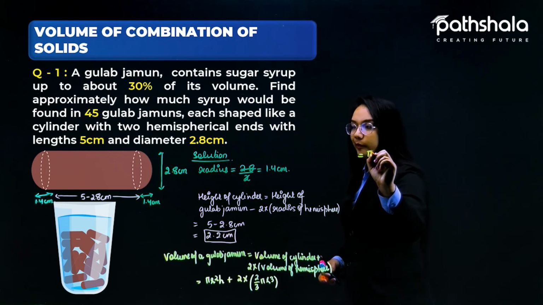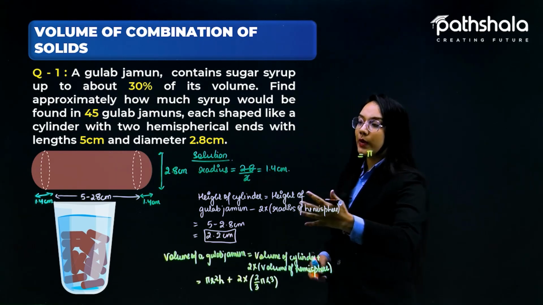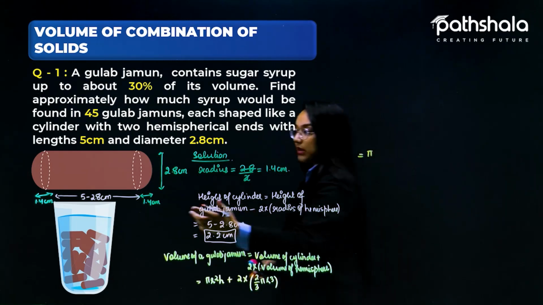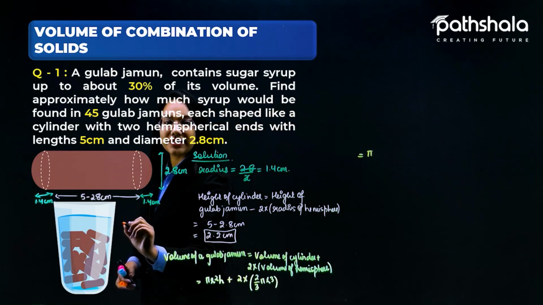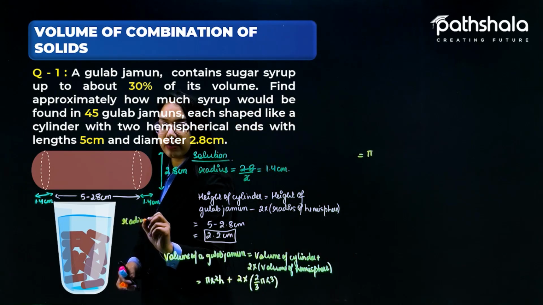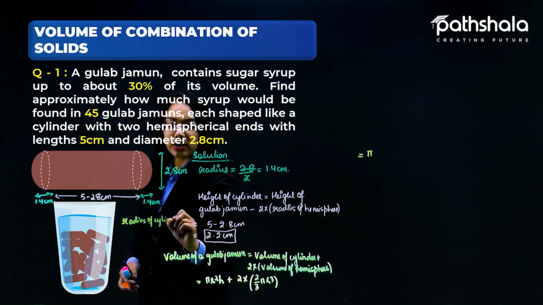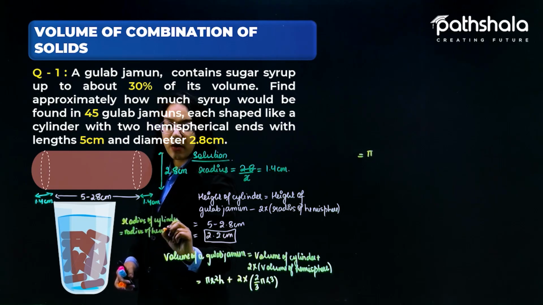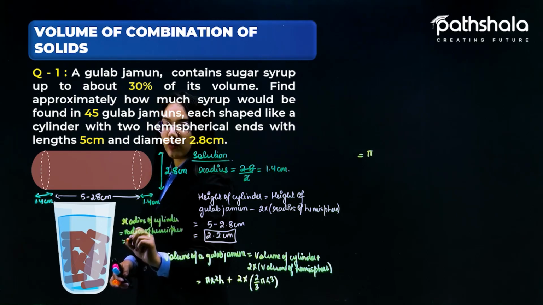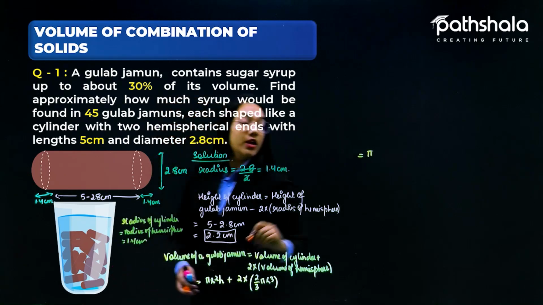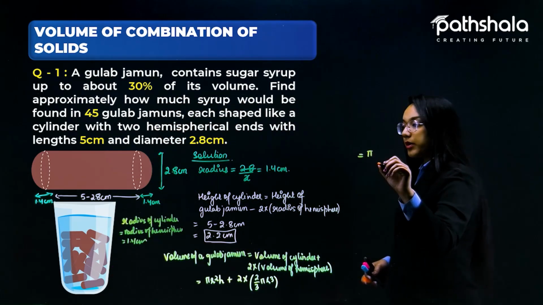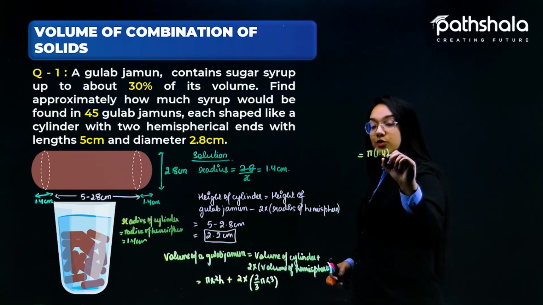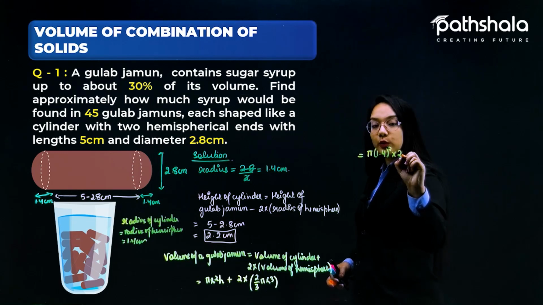We know that the radius for both the cylinder and the hemisphere is the same, so the radius of the cylinder is the same as that of the hemisphere, which is 1.4 centimeter. You can see for yourself. So this is pi, radius is 1.4, whole square, and the height is 2.2.